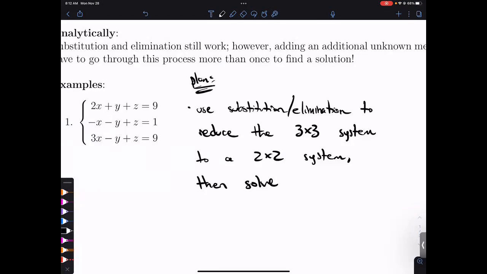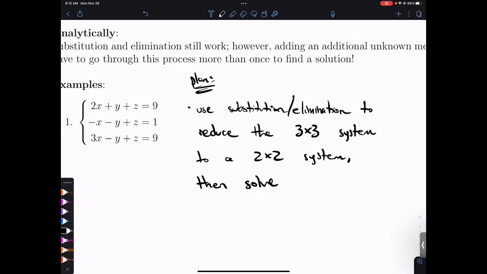So we're going to take these 3 equations and 3 unknowns. We're going to use substitution and elimination to combine them, and mush all 3 of these equations together so that we get a thing that's got 2 equations and 2 unknowns. Well, we know how to solve that. So we solve that, and then we get z equals 3 or something. Then we start working our way back up. If z is 3, here's what y would be.